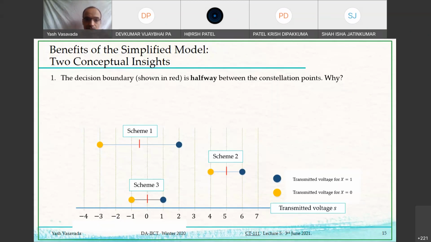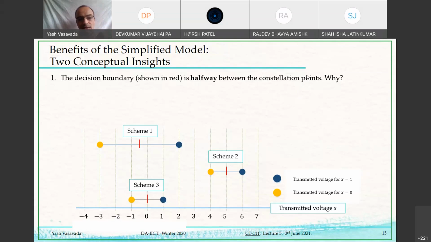Transmitting both the bits are independent of each other. So, Bhavya, you are not audible. You have to bring your microphone closer. Because Q equals 0.5. Correct, that's a very good point. Here we are assuming that Q is equal to 0.5. Bit 0 and bit 1 are equiprobable from the transmitter side.